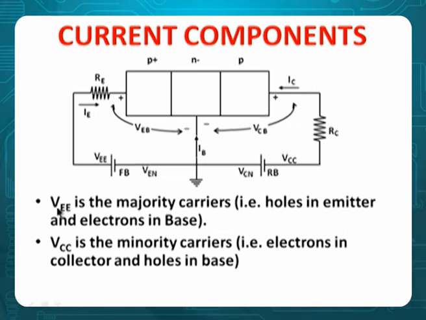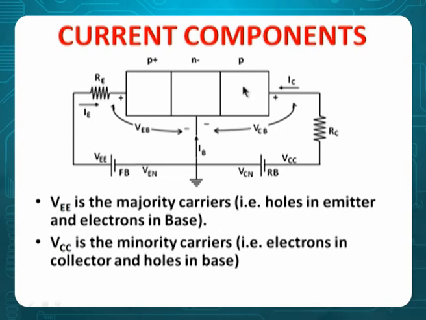Nice. Now, at the emitter junction, what are the majority carriers here? Holes in the emitter, electrons in the base. So they will be conducting here. If you see VCC is a reverse bias, then you can say there are minority carriers. What is minority?